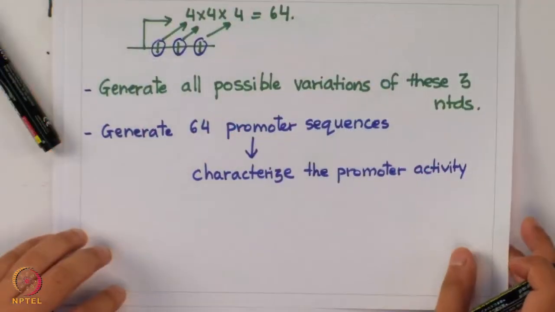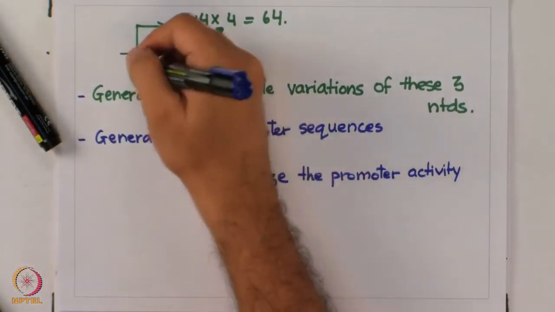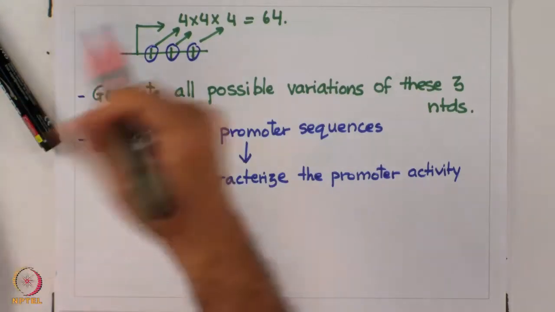This looks like a pretty good way to characterize the fitness landscape associated with the promoter activity, but the problem is the scale, the sheer number of experiments that you have to do to get complete information about the fitness landscape associated with this promoter. For example, if I decide that I want to characterize the fitness landscape of this promoter not by looking at just these 3 nucleotides, but there are lots of other nucleotides which I want to study as well.